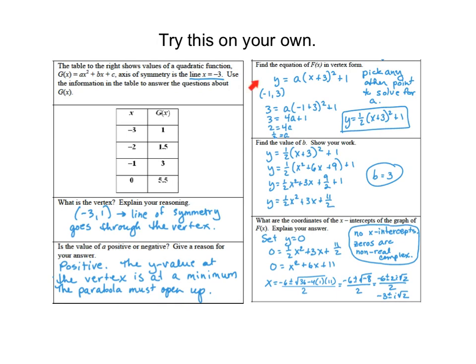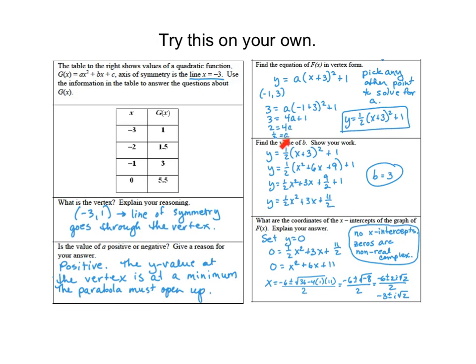Then it asks for my equation in vertex form. So I wrote it out, putting in what I know. My vertex was at -3, so that's x minus negative 3, and plus k, or 1. Then I plugged in another point to see if I could solve for a.